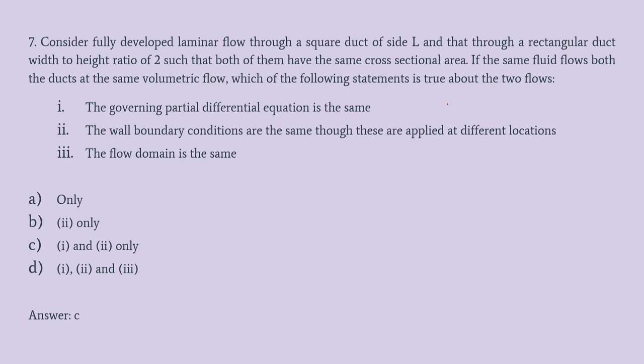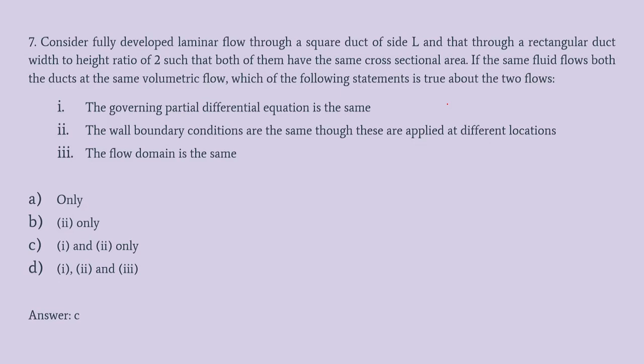So here it is said that we have two ducts. One is a square duct, the other one is a rectangular duct. The square duct has its side as L, and the rectangular duct has a height to width ratio of 2.